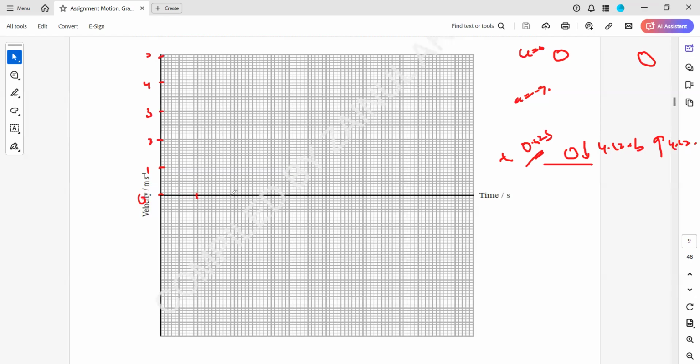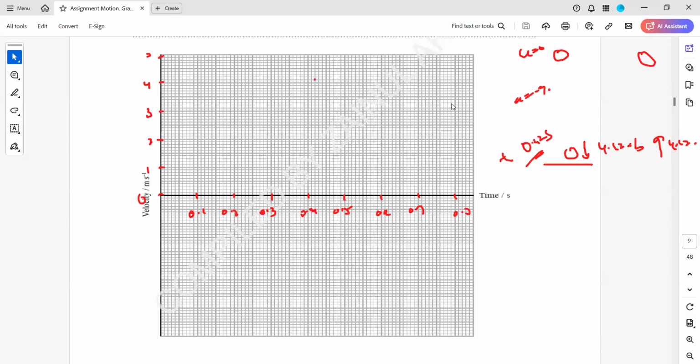So 0.1, 0.2, 0.3, 0.4, 0.5, 0.6, 0.7, 0.8. So at 0.42, at this point, it was 4.12, so somewhere here.